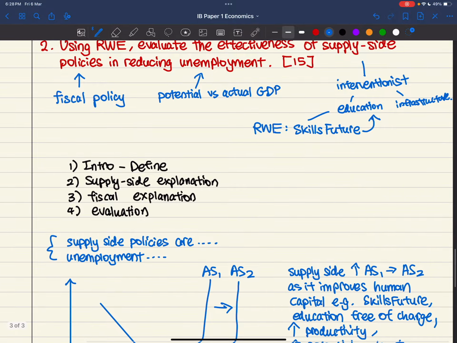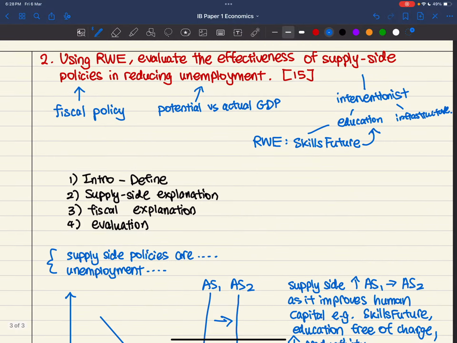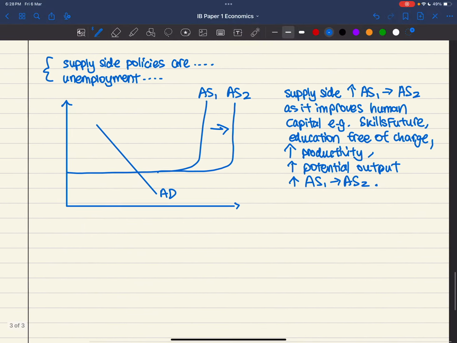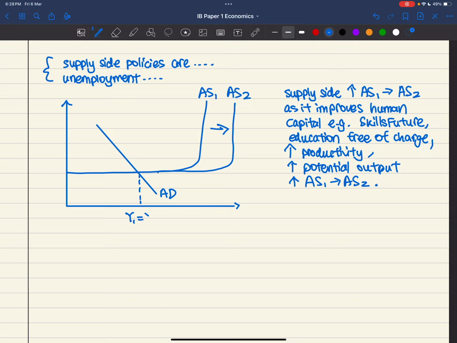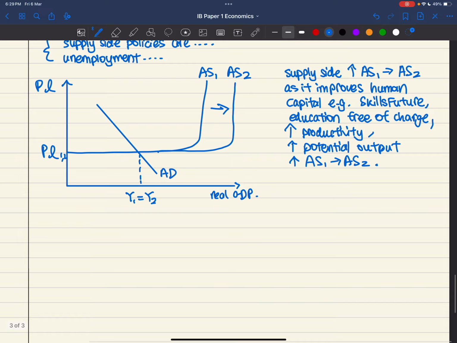Is it effective in reducing unemployment? Now we need to explain. As you can see from the diagram, what happens when AS goes to AS2? What happens to the intersection? Nothing, right? So Y1 equals Y2. Price level, PL1, PL2, real GDP. So what happens actually?